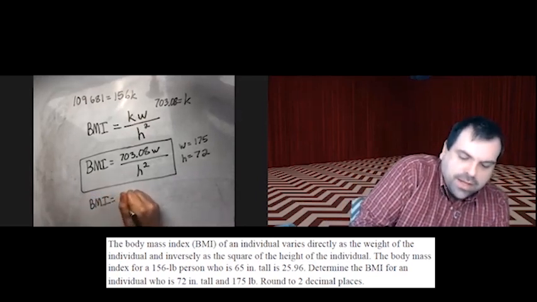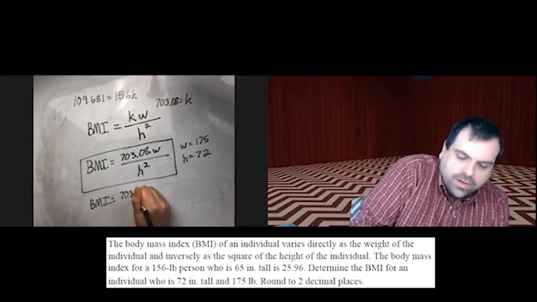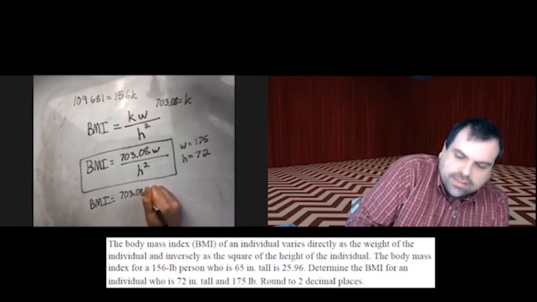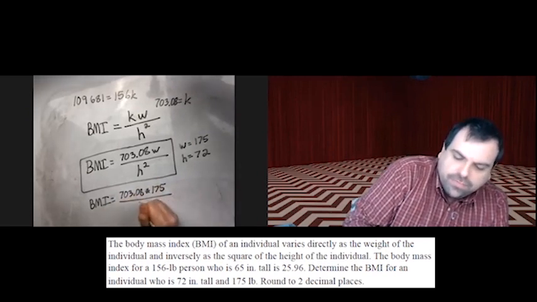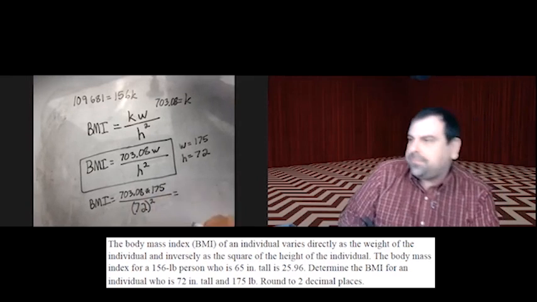The BMI is 703.08 times 175 over 72 squared.